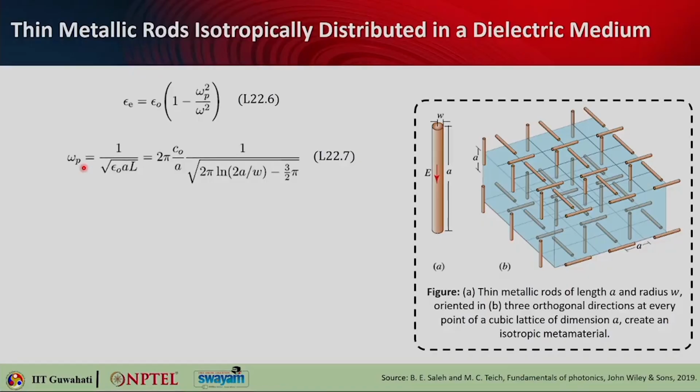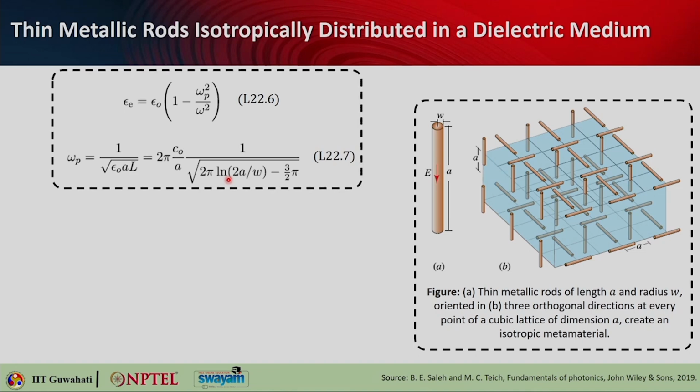Whereas here omega p is basically 1 over square root of epsilon naught A L. What is A? A is the length, L is the inductance. So, you have control of all the physical parameters, and that is how you are creating an artificial metal using this kind of structure.